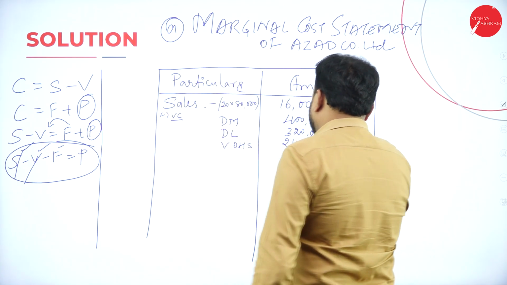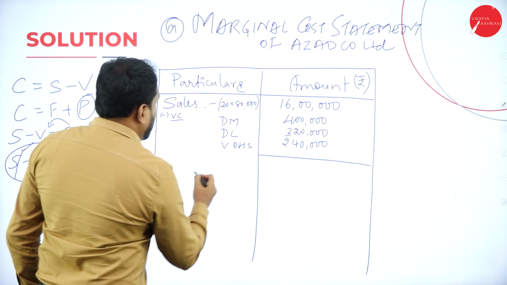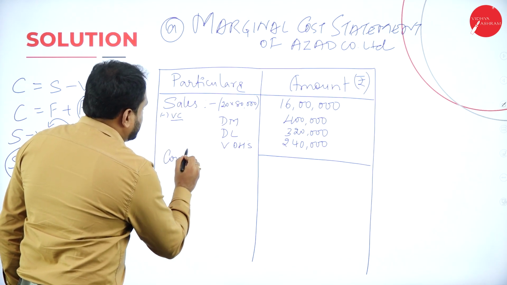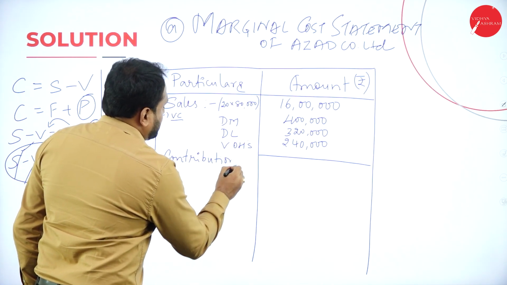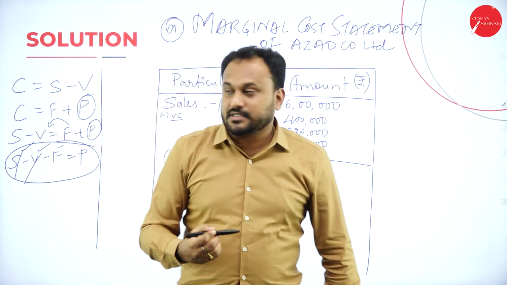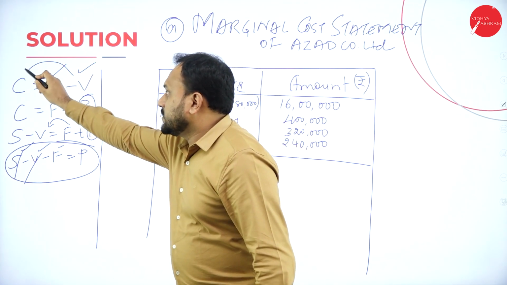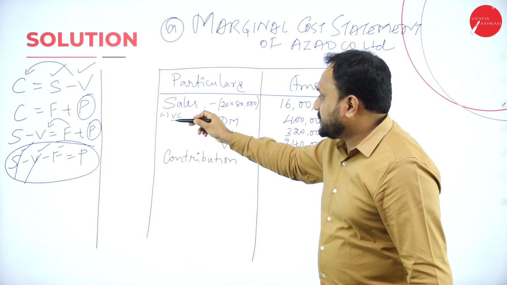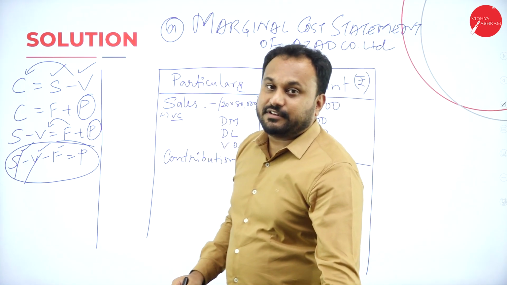So I'll calculate. I'll total this. Done here. So we call this as what? Contribution. Okay. Now what is this contribution, sir? Sales minus variable cost is what? Contribution. So we need to subtract each and everything properly.